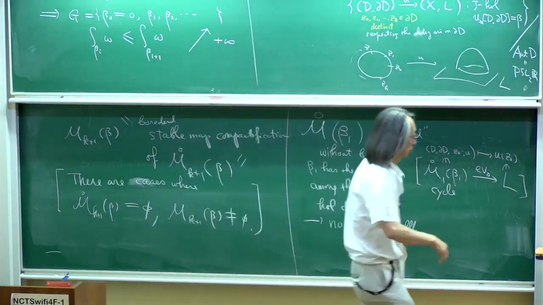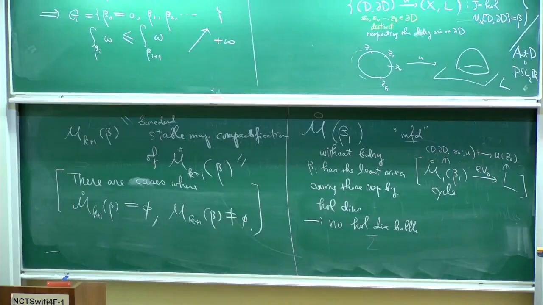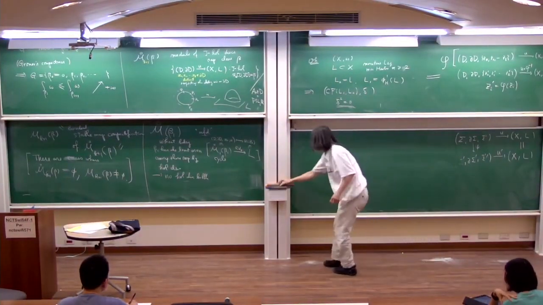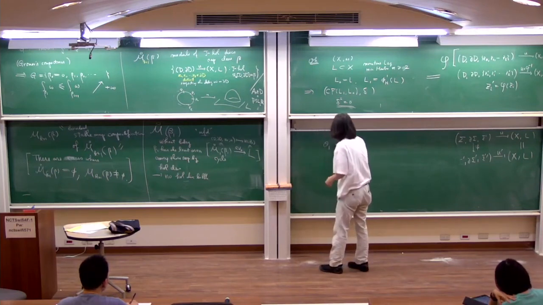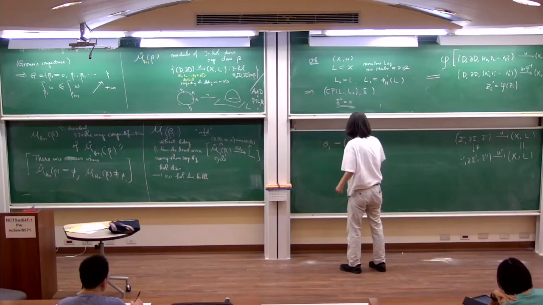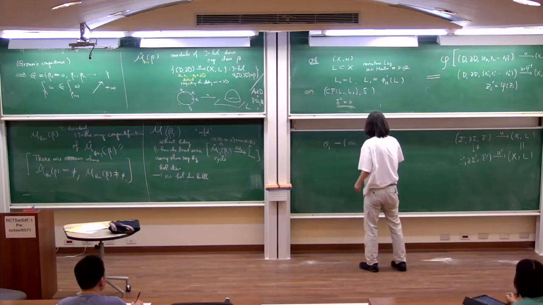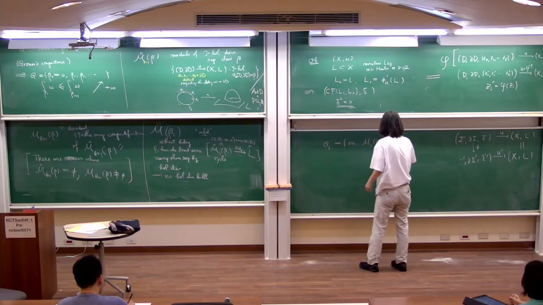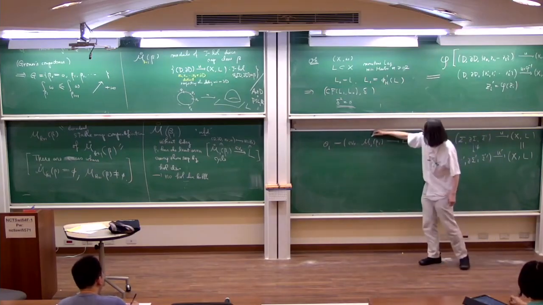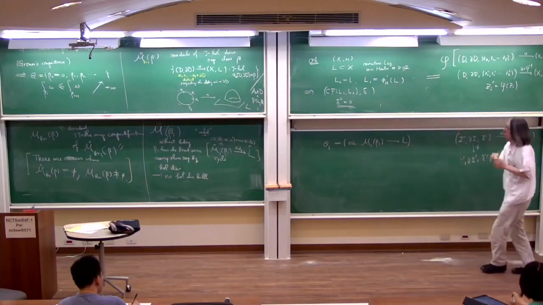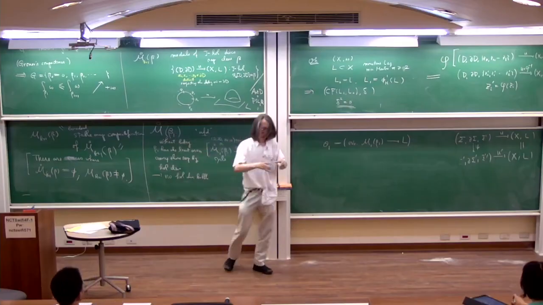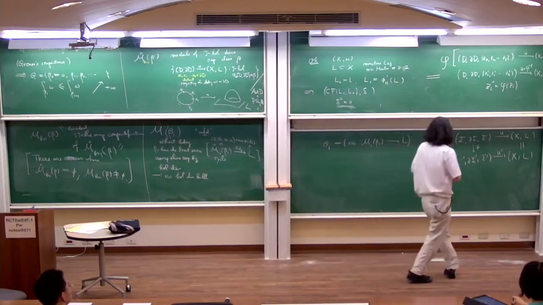Maybe I just move to this side. So maybe I just write O_1. O_1 is actually this ev_0 of M_1(β_1), in L. I can put circle here, or maybe without circle, because in this case it's the least class, so you have only one component.